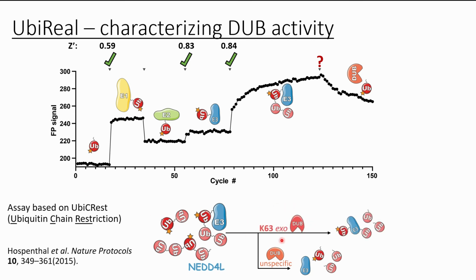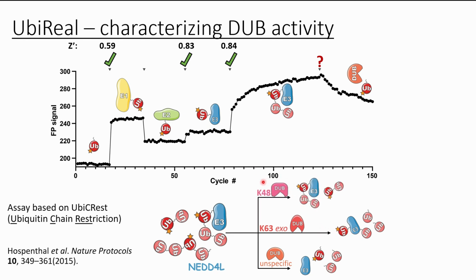If we use what's known as a K63 exospecific DUB, which is a deubiquitinating enzyme which only cleaves K63 ubiquitin signals, but is unable to cleave the terminal base ubiquitin, which resembles a monoubiquitinated species over here, then you would expect to see sort of a middle of the road FP.